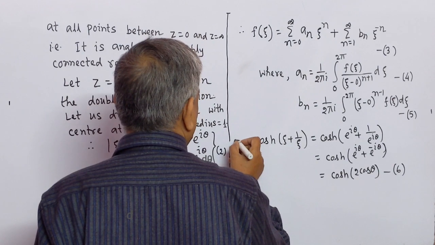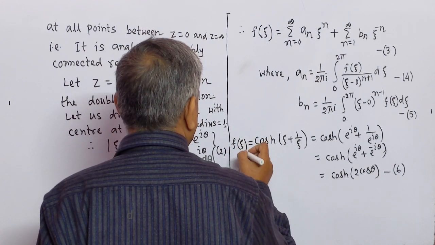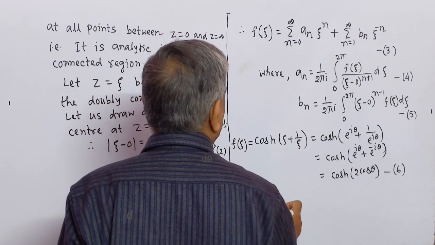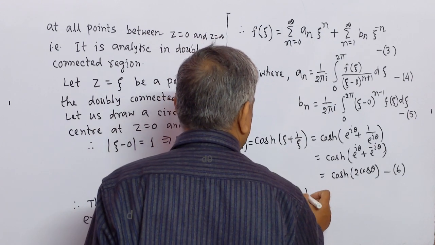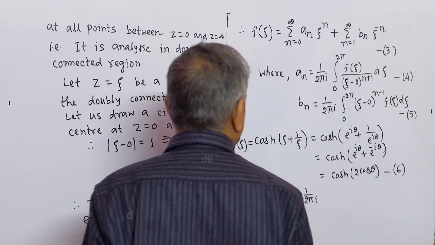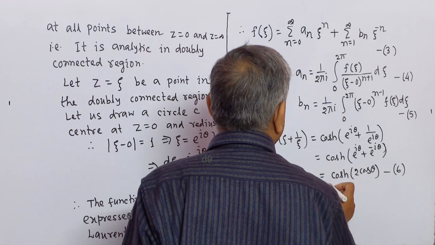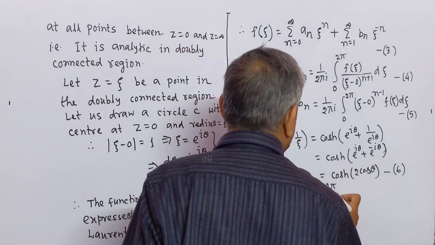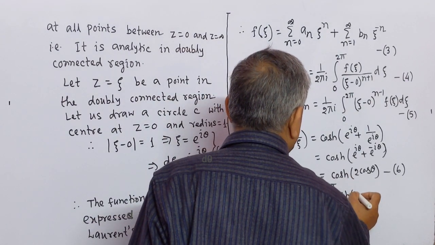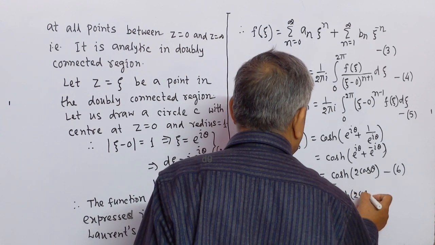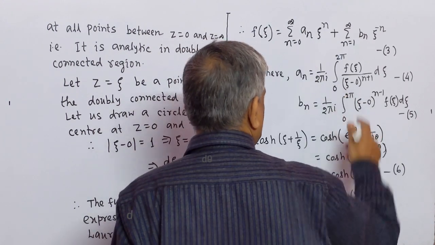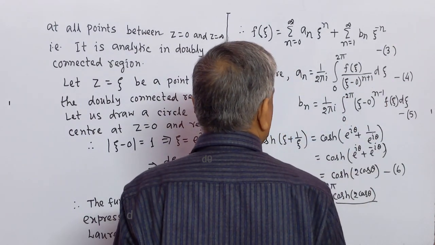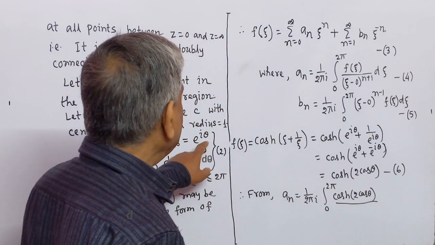And this is function of ξ. Therefore, from 4, an equal to 1 by 2πi integration limit 0 to 2π and function of ξ is cosh(2 cos θ), divided by ξ to the power n plus 1. ξ is here e to the power iθ.